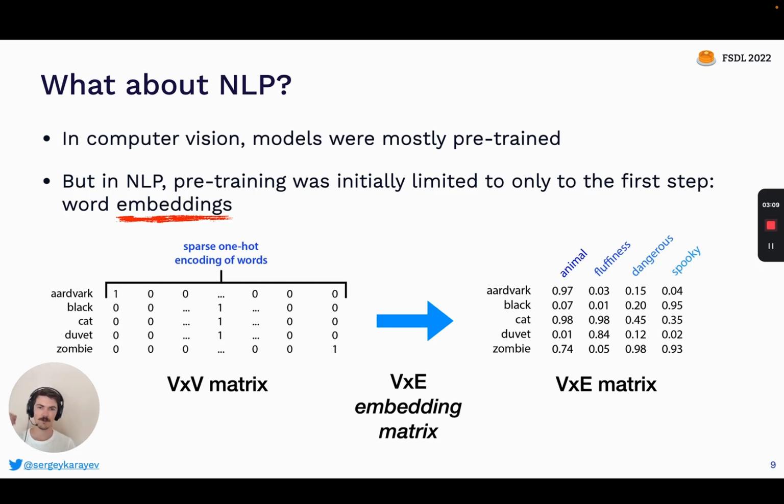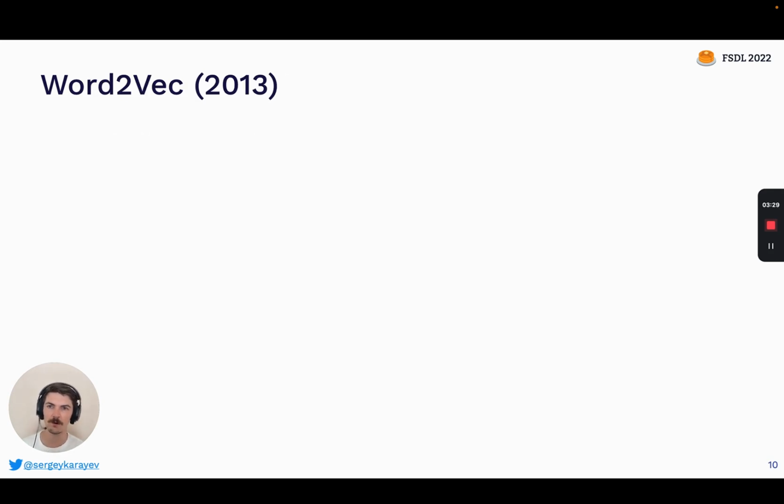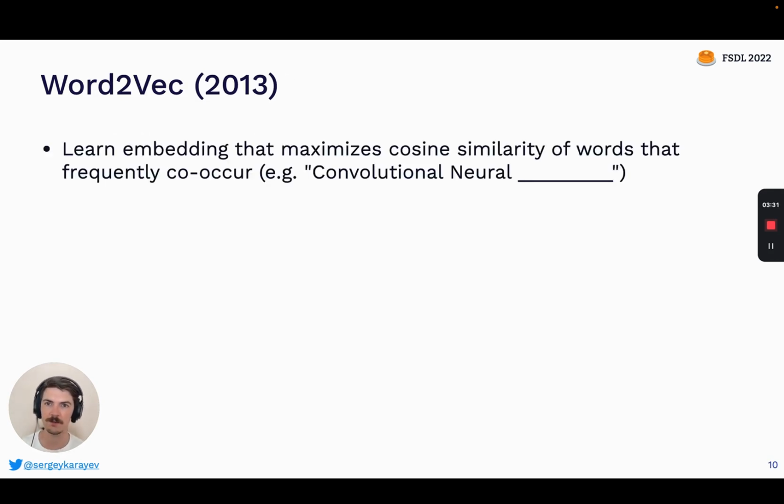So to solve this, we can make an embedding matrix and then embed each word into a real valued vector space. And now it's going to be dense. The dimension is on the order of 1,000 or so. And maybe those dimensions correspond to some semantic notion. They don't have to, but theoretically they could. So Word2Vec trained a model like this in 2013.